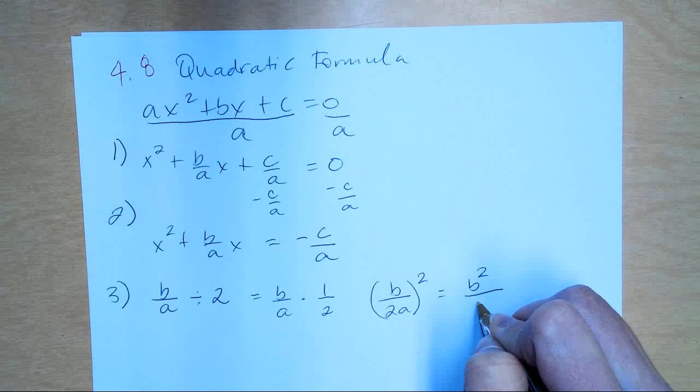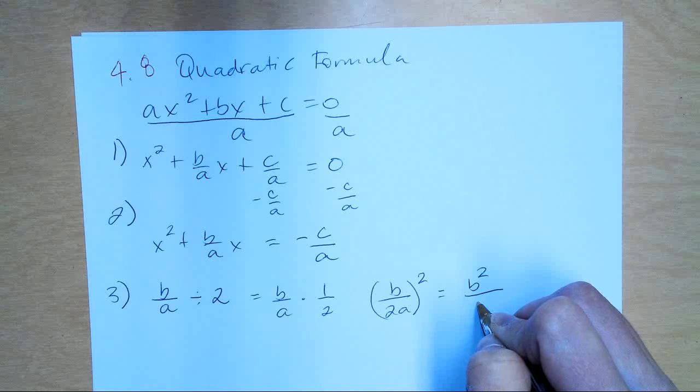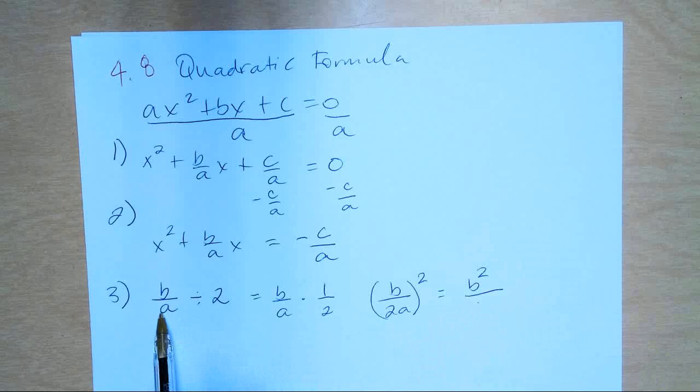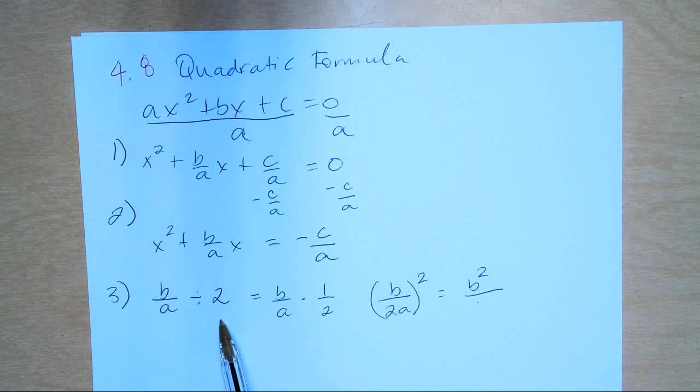Oh, well, actually, no, not quite. This is the third step, where we take the b term and divide by 2 and square and then add it to both sides. So we're trying to figure out the term first.